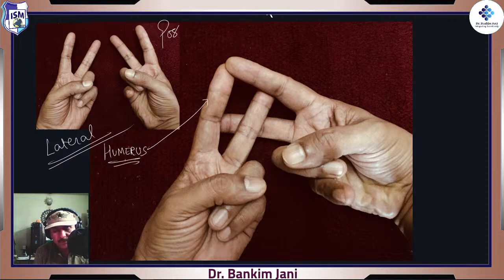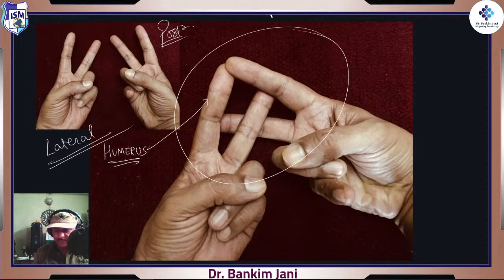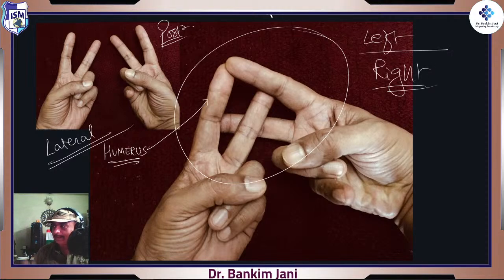So this is the posterior view. When it is a posterior view, is this a left side joint or a right side joint? Yes, exactly, you wrote it like that. This is left.